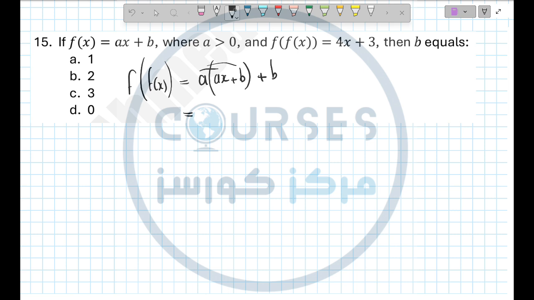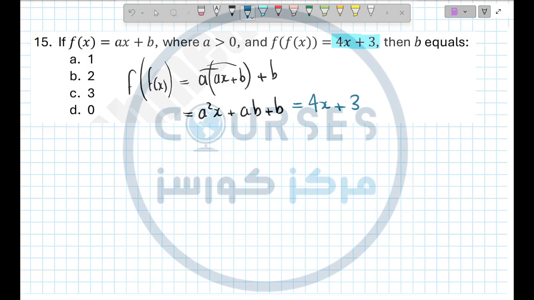Distribute, so a times ax is a squared x plus ab plus b. But he told me that f of f of x is actually equal to 4x plus 3. So we can actually make this equal to 4x plus 3.